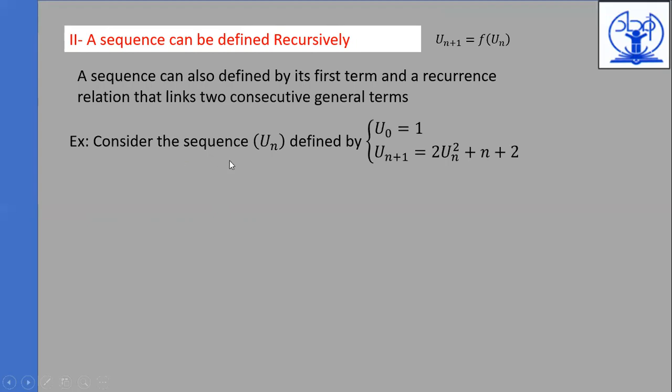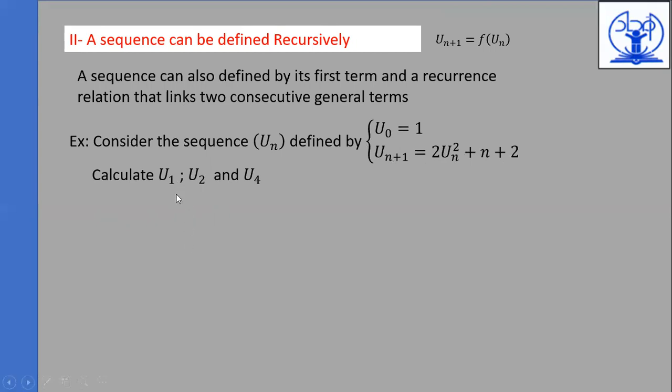Example, consider the following sequence defined by u0 is 1, un plus 1, which indicates any term, is 2 times un squared, which is 2 times the previous term squared, plus n plus 2. Calculate u1, u2, and u4.